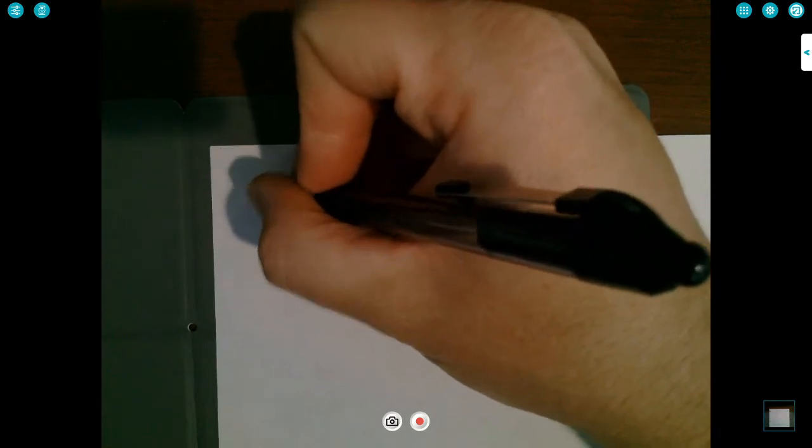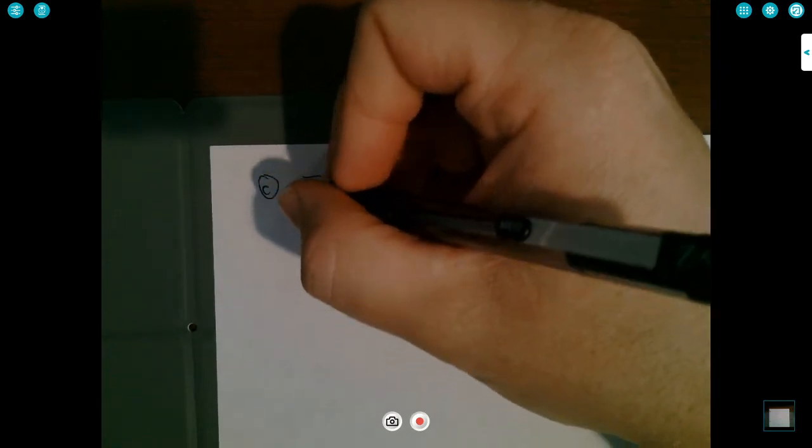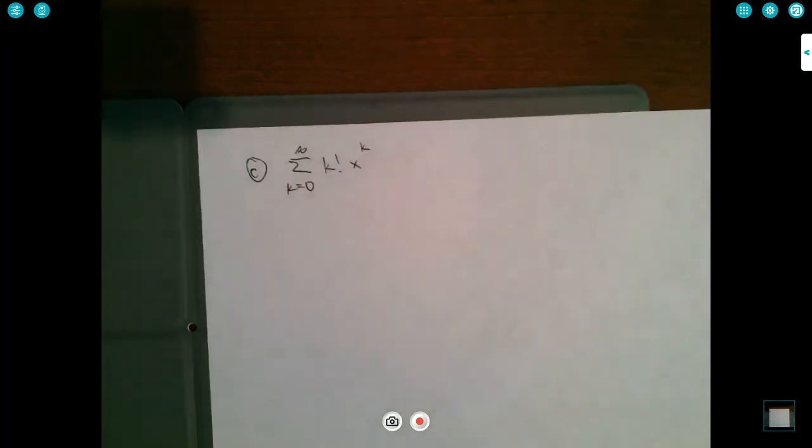Okay, so let's do this for the sum from k equals 0 to infinity of k factorial times x to the k. So again, we're going to apply the ratio test for absolute convergence.